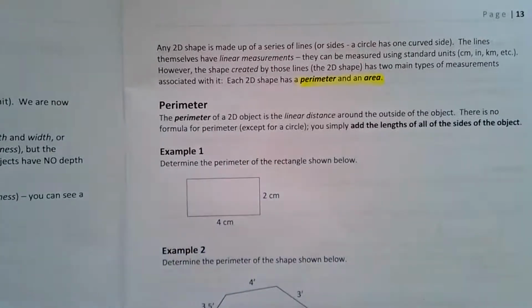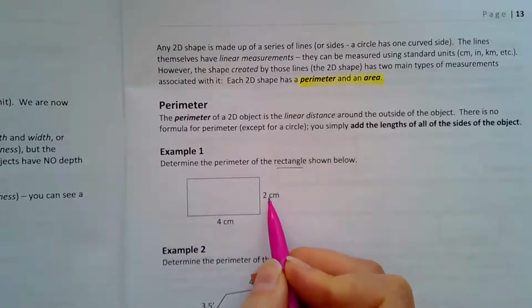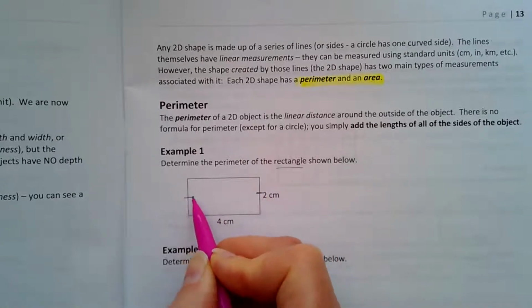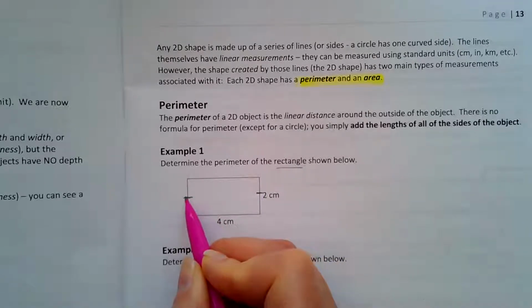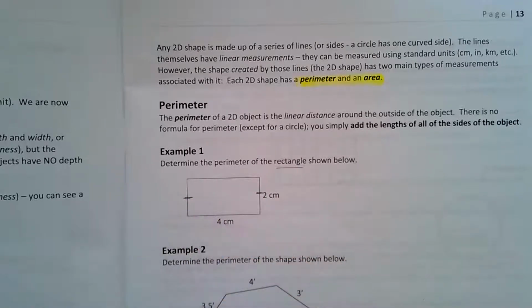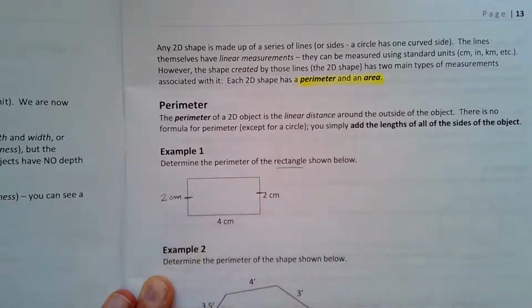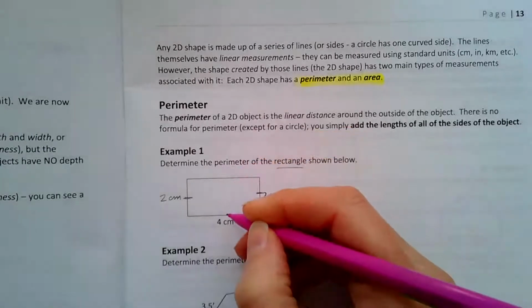But you simply just add the lengths of all sides. So knowing that this is a rectangle, what you're supposed to know about a rectangle is the opposite sides are equal. And I can show that by putting a slash. If I put a slash here and a slash here, I'm telling you that both of those sides are equal. So if I need to, I can record that that's 2 centimeters. And a rectangle has opposite sides that are parallel.